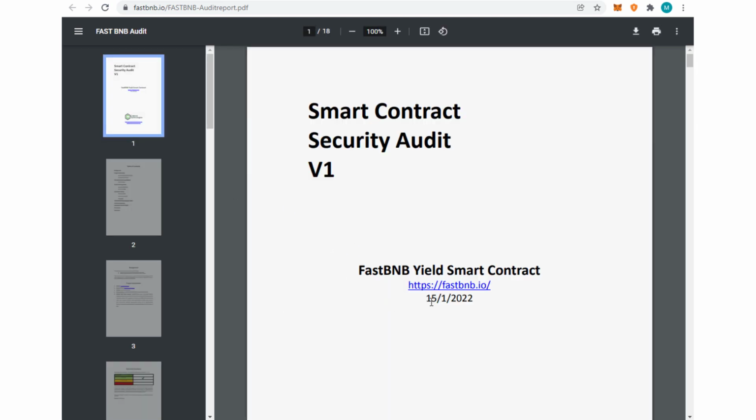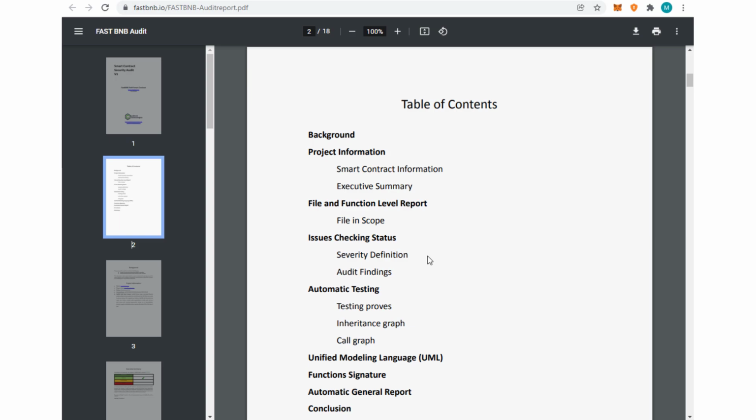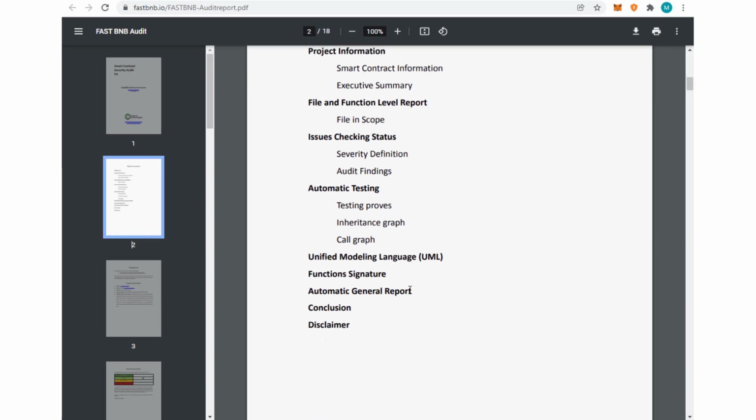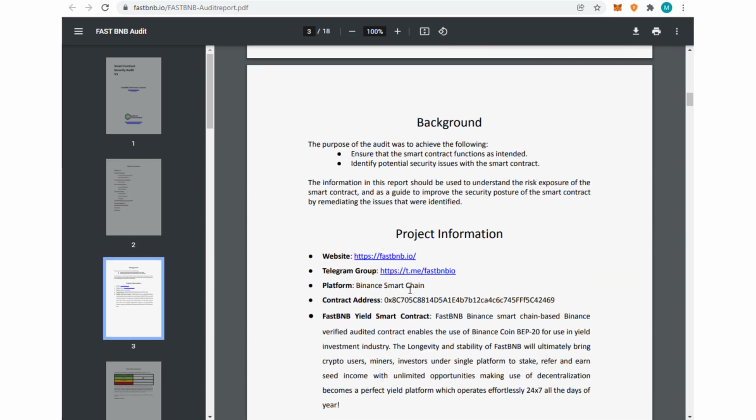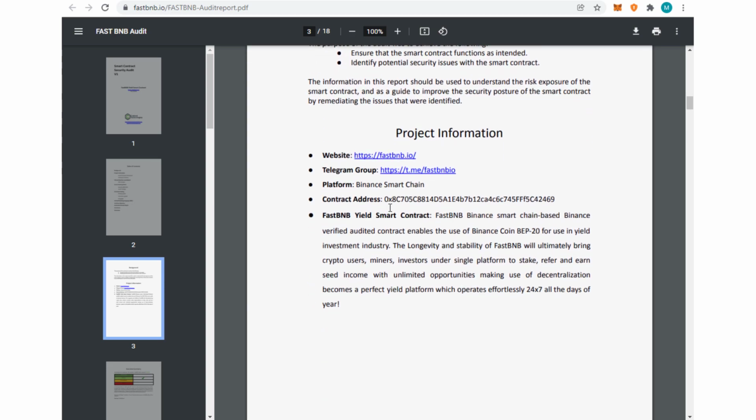The audit was started or done on the 15th of January, less than 10 days ago. It's the first security audit of the contract, and it goes over some definitions, what this contract does, some background information on the project, and the address for the contract.